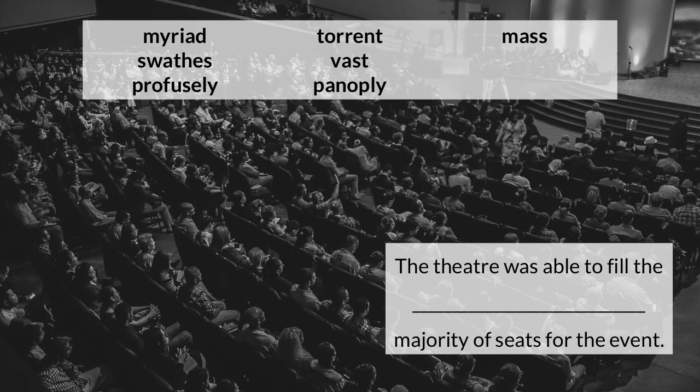I forgot to pause. So not just majority, but even more than that. And there was one particular word here that we often use with majority, and that was vast. They filled the vast majority. So there are a couple of seats empty, but not many at all.